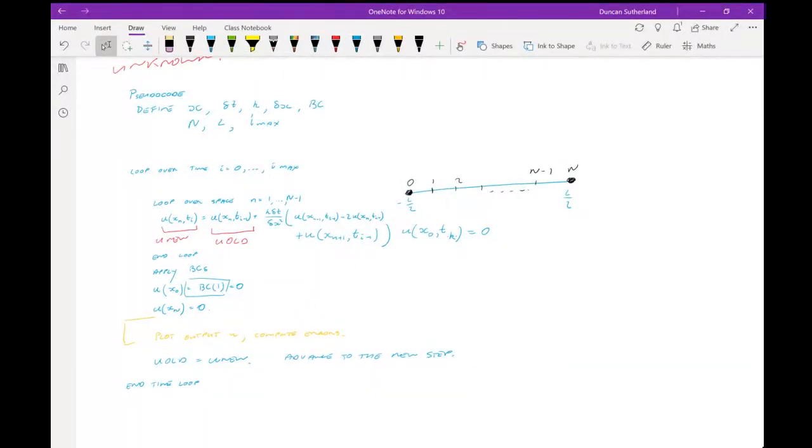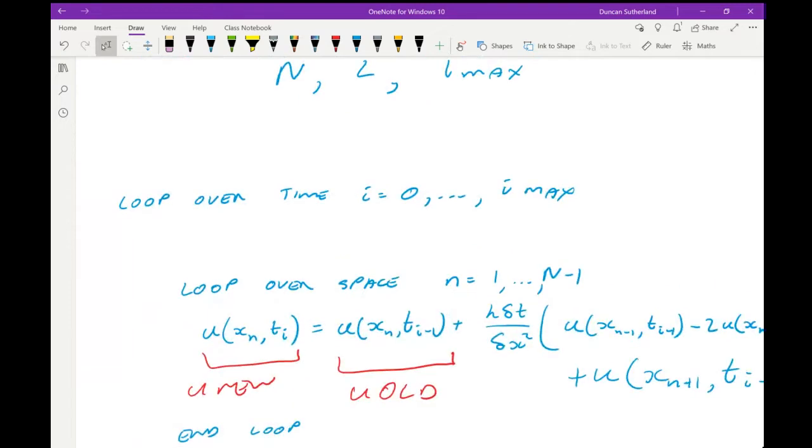What else would we need to do in here? We would need to define our initial condition. So this, we've started it at 0, right? We actually have an initial condition at 0. So we really should start at 1 immediately after our initial condition.